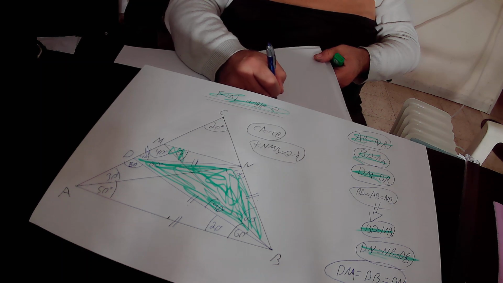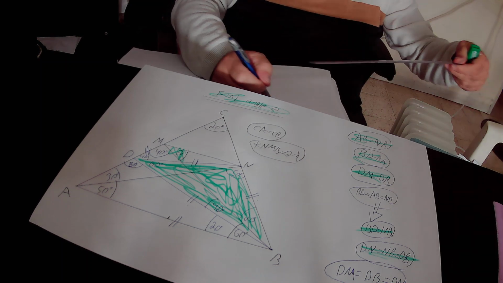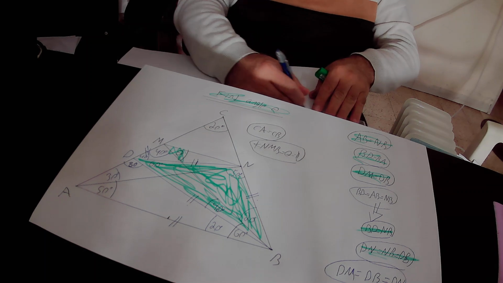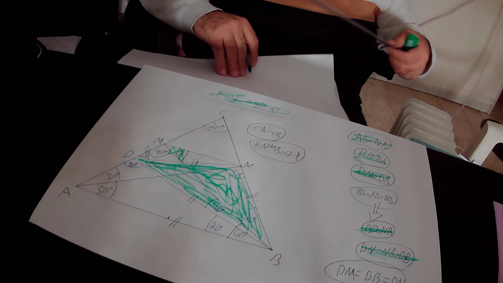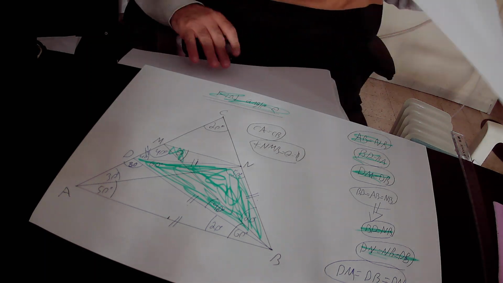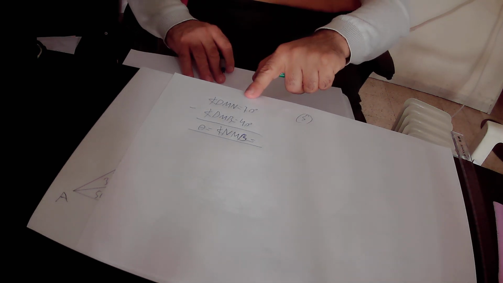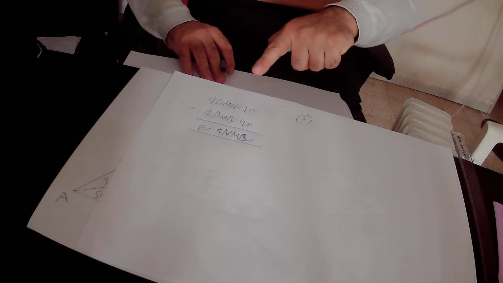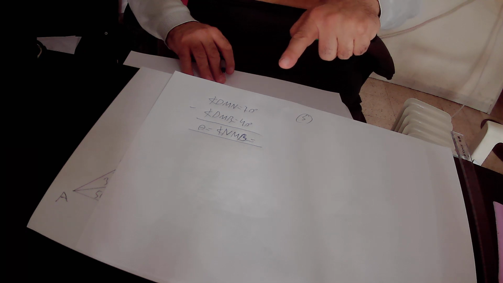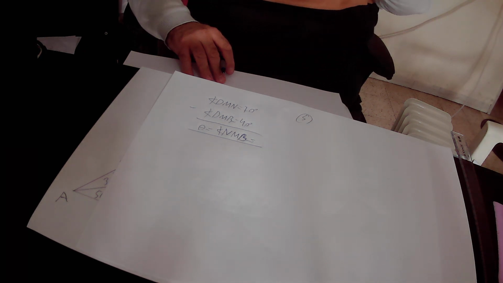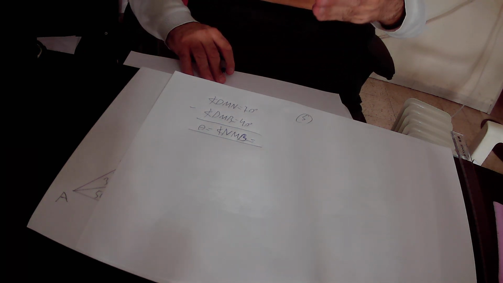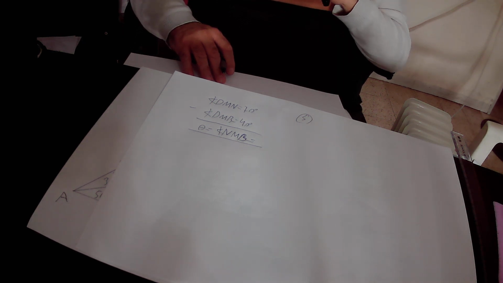So I repeat again: the big angle DMN, 70 degrees, minus the small angle DMB, 40 degrees, must be equal to the missing angle theta, that is the angle NMB, the angle that we are looking for.